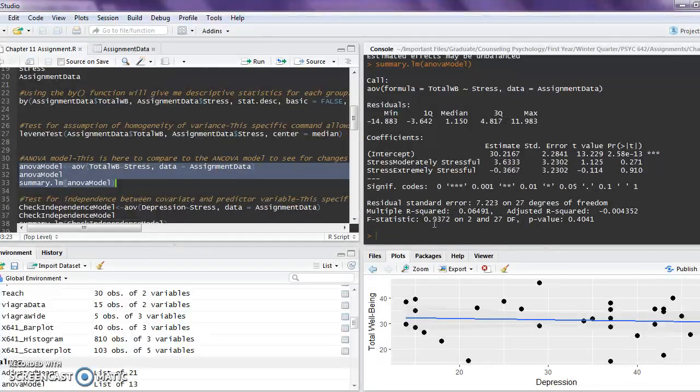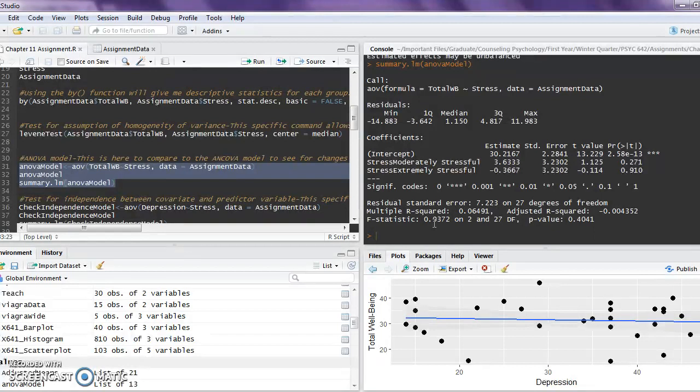When you're calculating the F statistic, the mean sum of squares of the model is divided by the mean sum of squares of the residuals. If your numerator is bigger than your denominator, then you're going to have a bigger ratio.